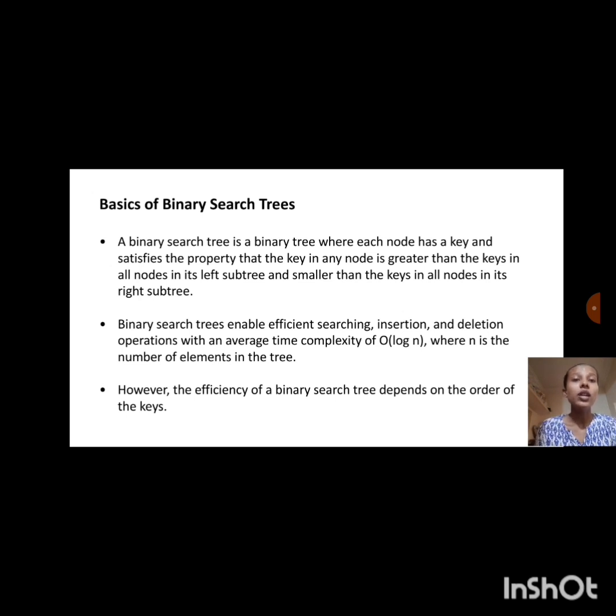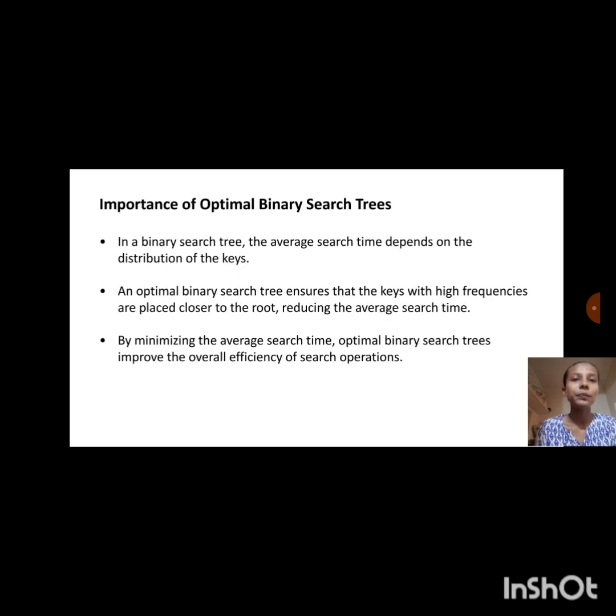Binary search trees enable efficient searching, insertion and deletion operations with an average time complexity of O(log n), where n is the number of elements in the tree. However, the efficiency of a binary search tree depends on the order of the keys.